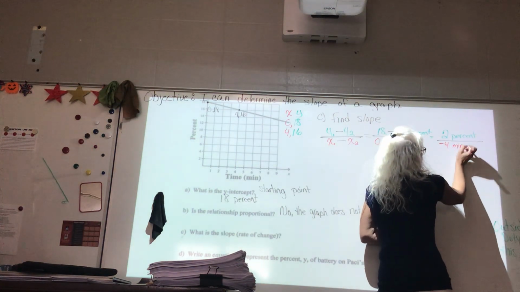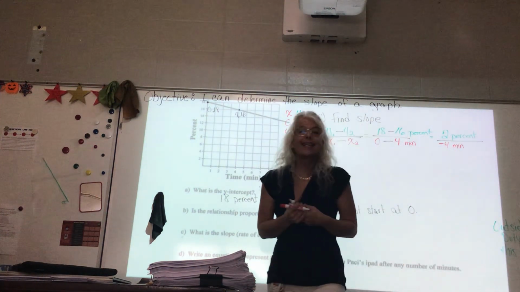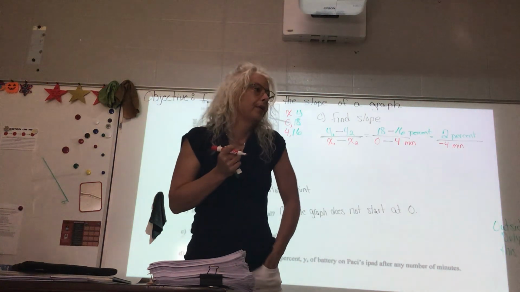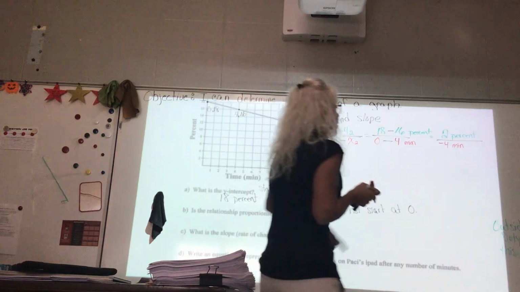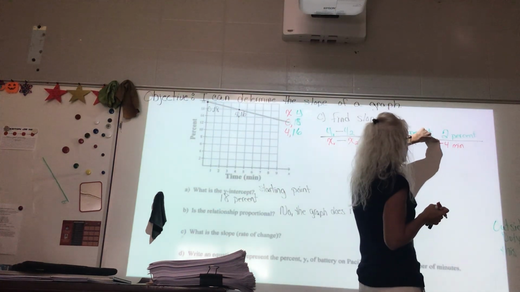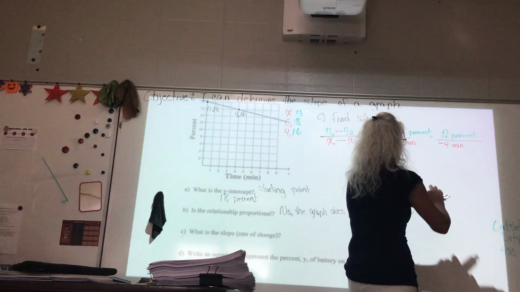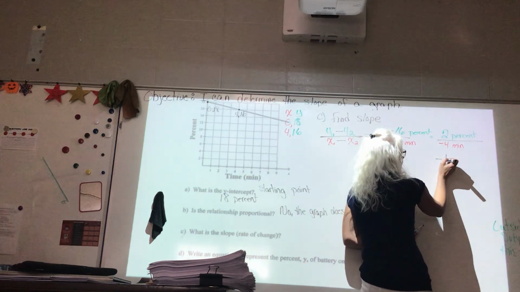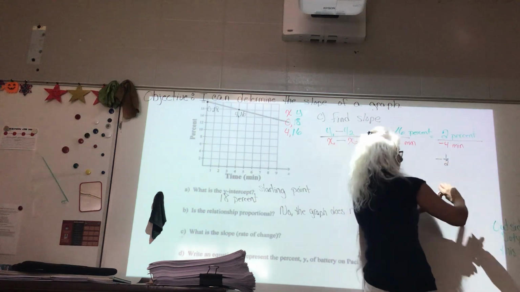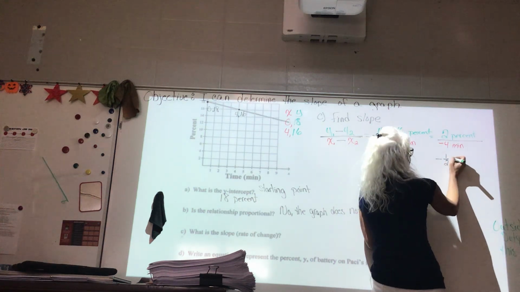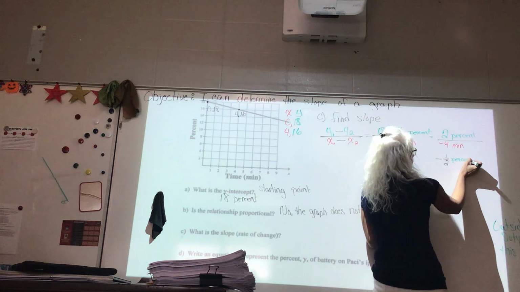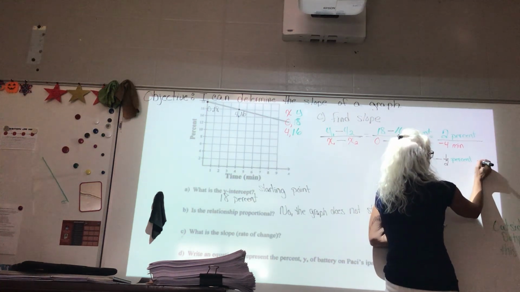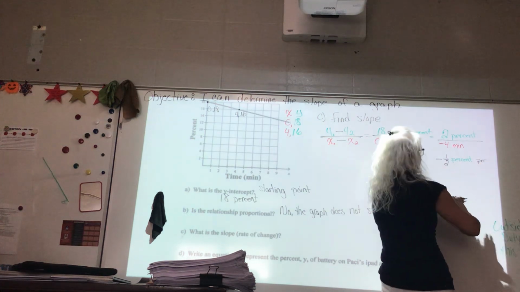So in 4 minutes, how much percent does Casey lose on her iPad? 2%. So we're gonna do 2 divided by negative 4, which is negative 1/2 percent per minute.